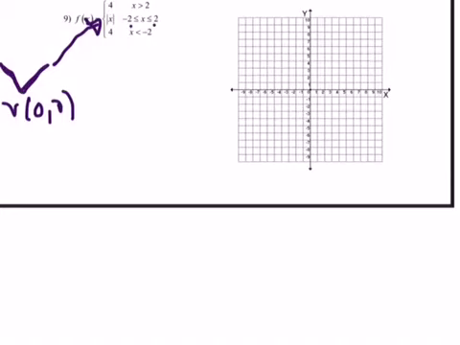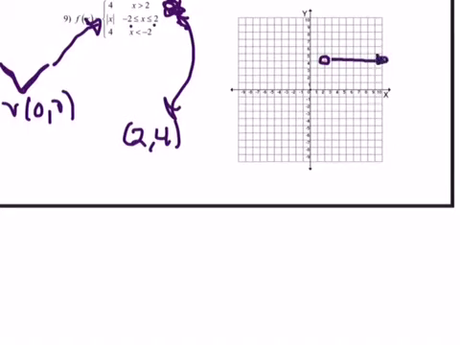For the top function, I'm going to plug in the 2. So I've got (2, 4), and it's going to be an open circle, and it's a horizontal line for all those values bigger than 2.